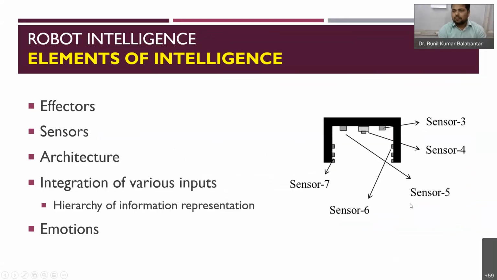Then, what are the basic elements required in the robot so that it can behave intelligently? There are effectors, sensors, different architectural models, integration of different inputs, and applying certain emotions.